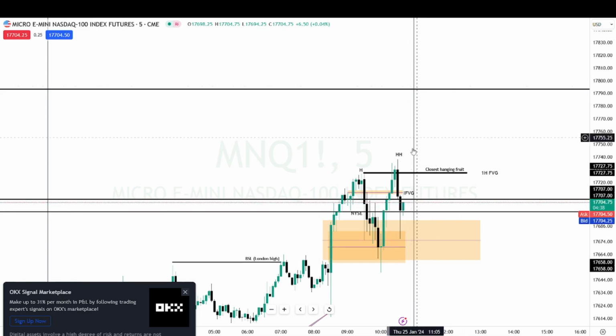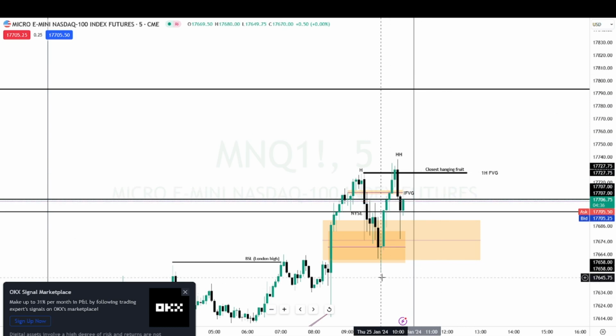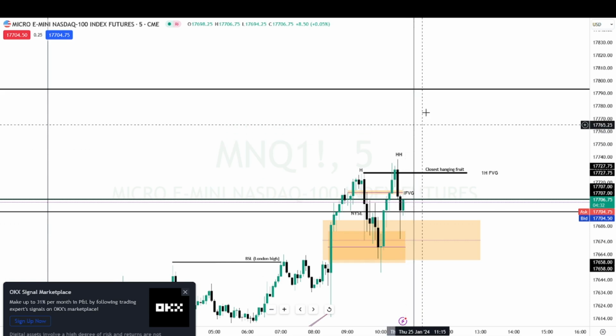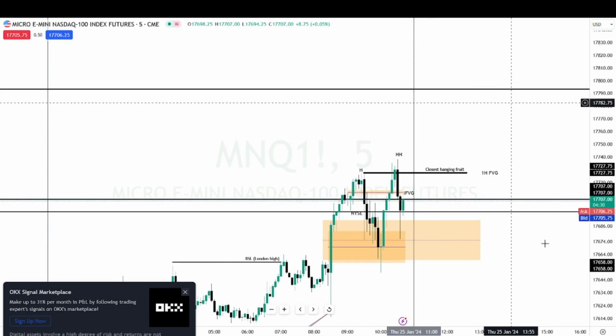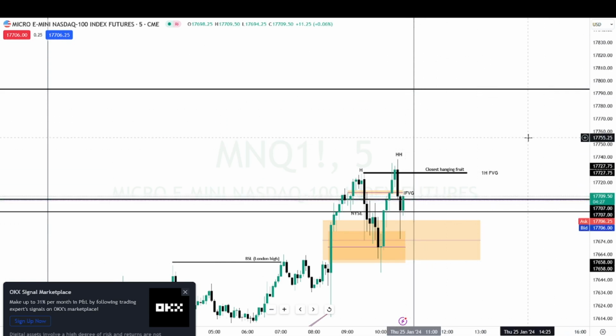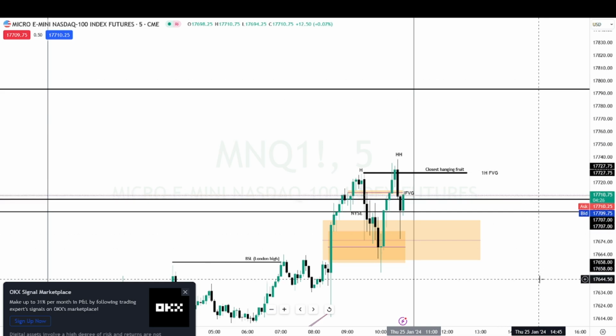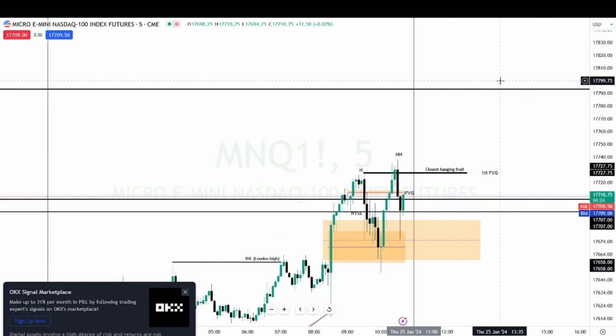And as it moves down, it will be engineering the sell side liquidity. Then you want to have the sell side of the curve. This is a compression. Then you want to participate in the expansion.